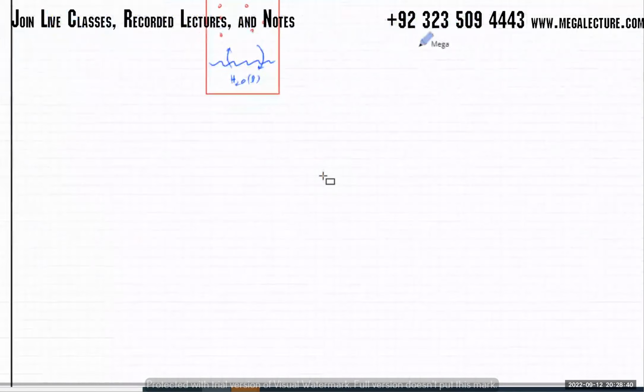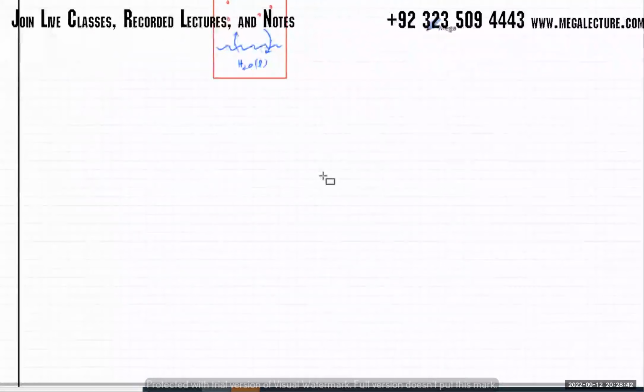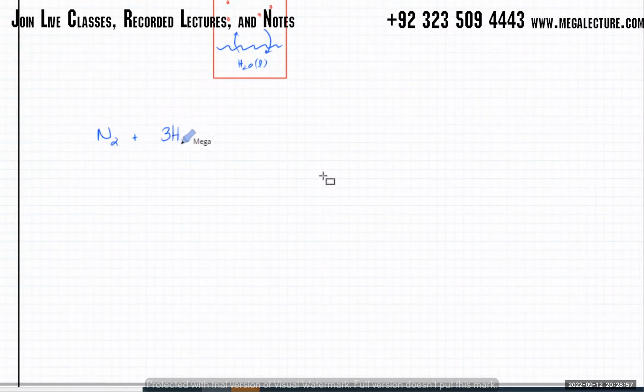So starting with simple equations like N2 plus, I've got N2, and it's in equilibrium with 2NH3.